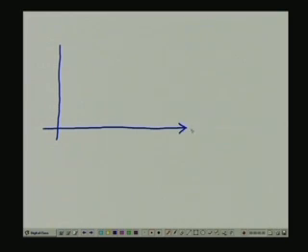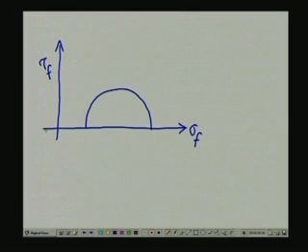So here what we have is sigma f versus tau f, and then let us consider a Mohr circle at failure. Tangential to that Mohr circle will be a Mohr-Coulomb failure envelope given by phi and a cohesion intercept c.